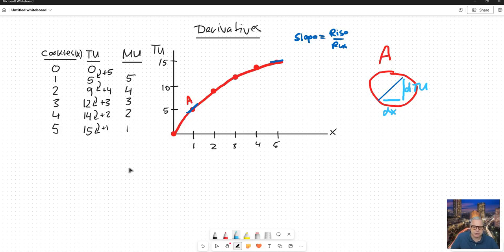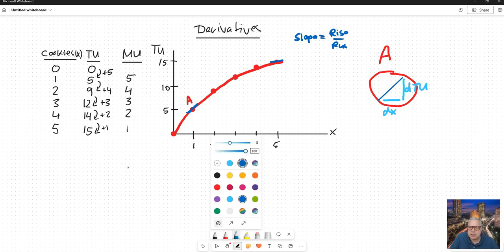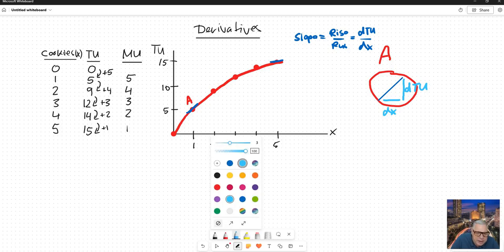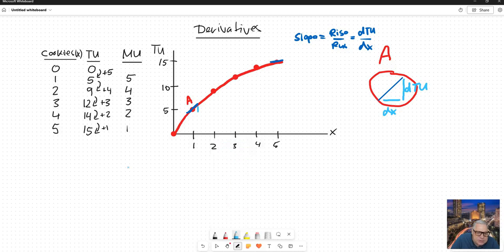So in other words, the slope at this point is the rise, which is the change in total utility, over the run, which is here. So again, at this point A, this vertical line is the change in total utility if you increase x a little bit.